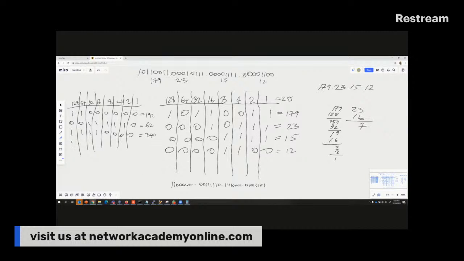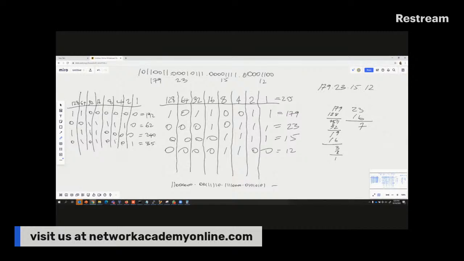And the last one is 01010101. That's going to give us 64 plus 16, that's 80, plus 4 gives us 84, and 1 equals 85.